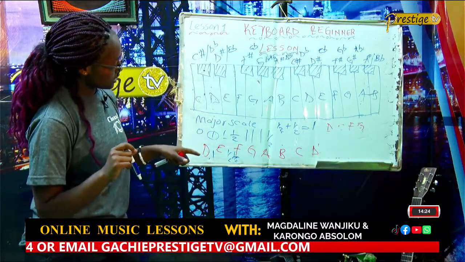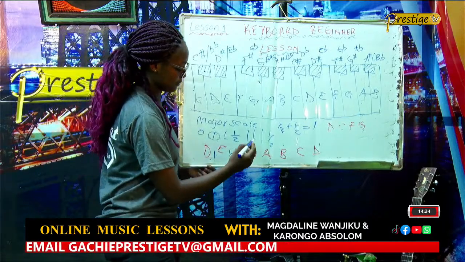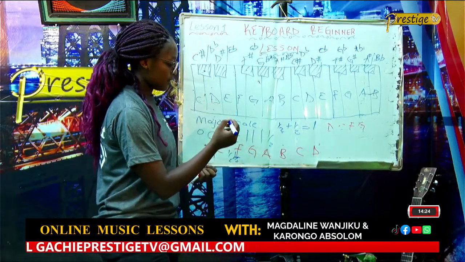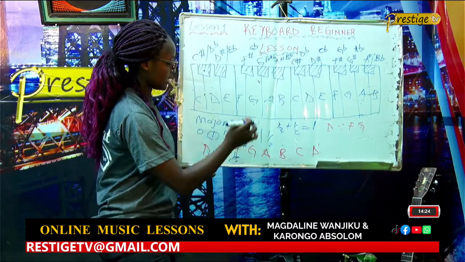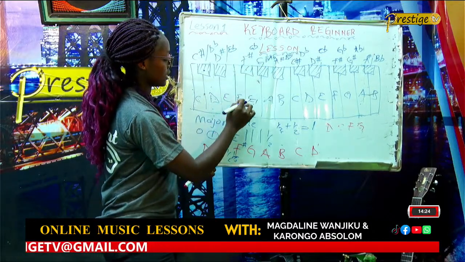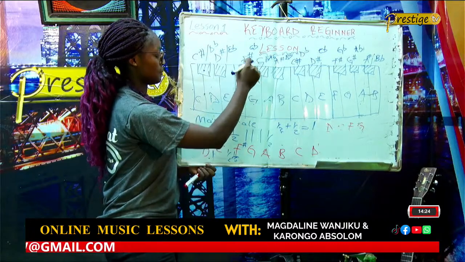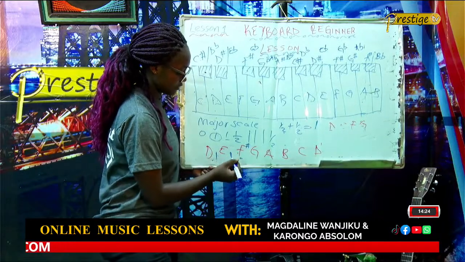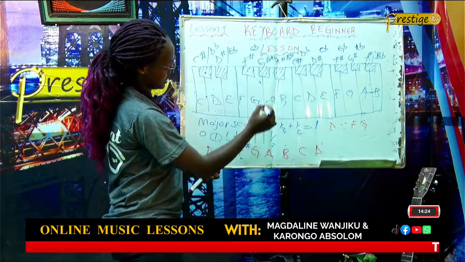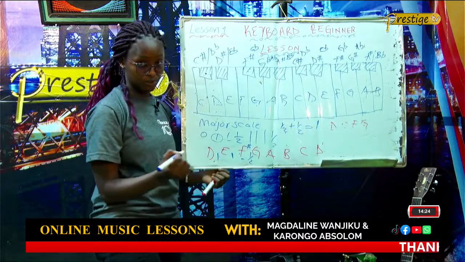So we raise F by a half using the accidental sharp, so we get F sharp. So from E to F, it's a half. F to F sharp, it's another half, so you get your 1. Then from F sharp to G, that's a half, so that goes on.